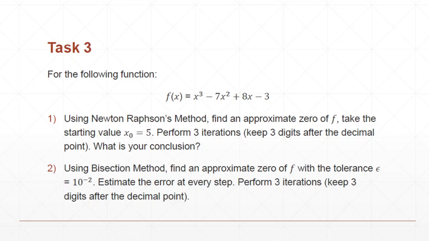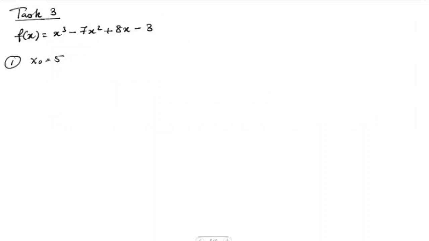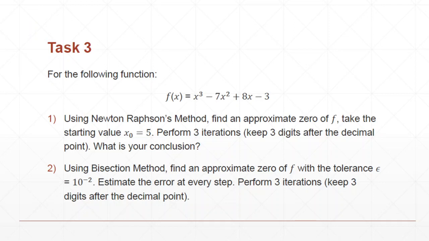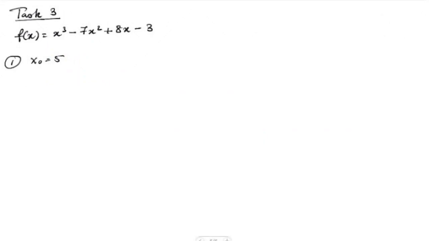So let's start working on this. I've written the function for you already, and our first task is to use the Newton-Raphson method and perform 3 iterations, keep 3 digits after the decimal point, and give a conclusion on this.